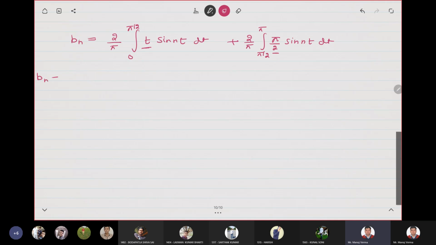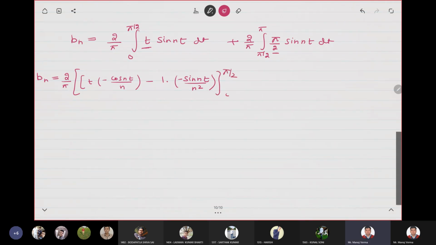So this bn will become 2 over pi, and the integration of this will become t, if I apply the chain rule, t times minus cos nt by n, minus 1 times minus sine nt by n square, in the limits 0 to pi by 2.